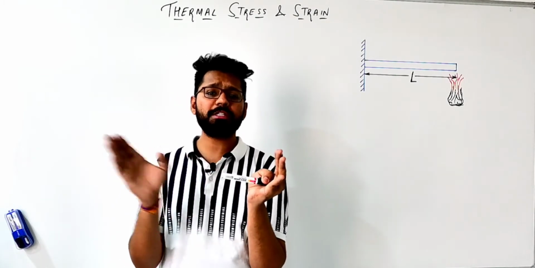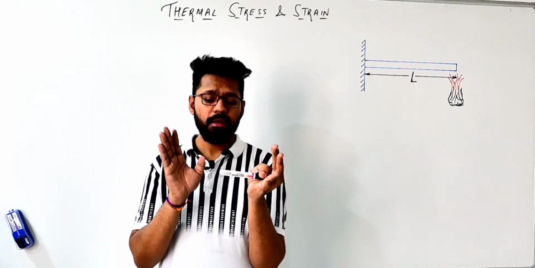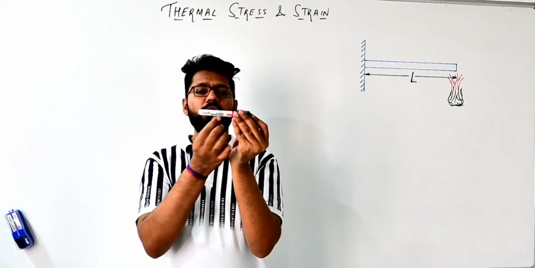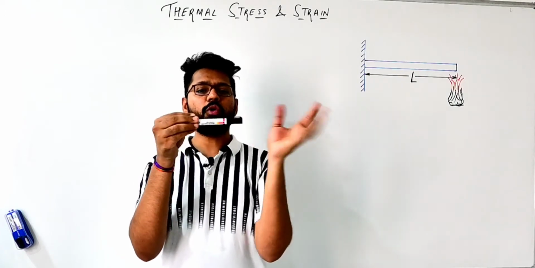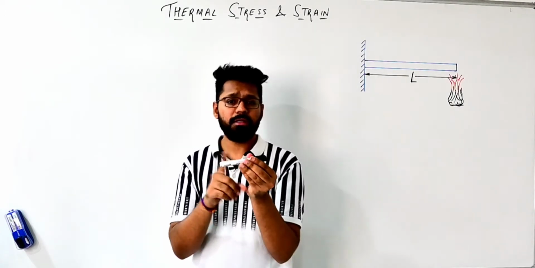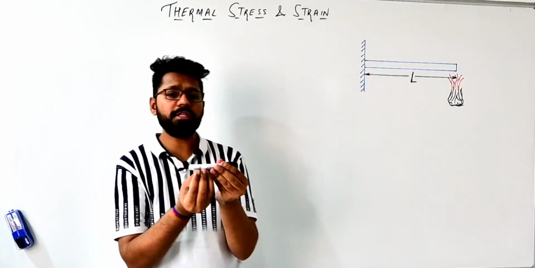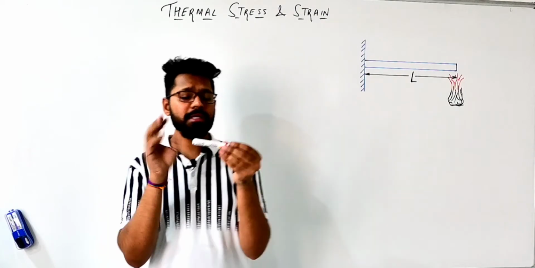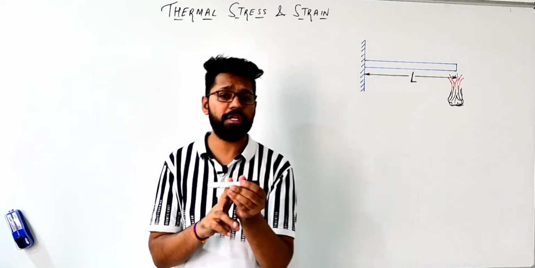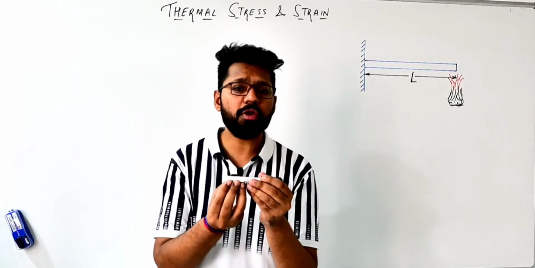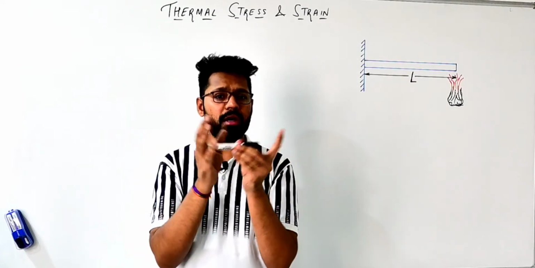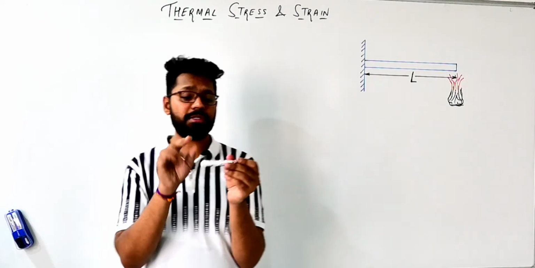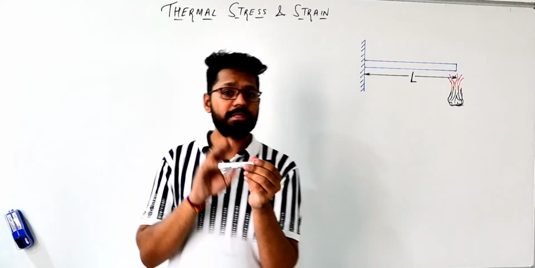Okay students, this rod is in free space. If we heat it, it will expand freely, so no thermal stress will be there, but thermal strain will be there. If we heat this rod, it will expand, so its length will increase, so tensile thermal strain will be induced here. And if we cool this rod, its length will contract, so compressive thermal strain will be there, but no thermal stress occurs in that rod.